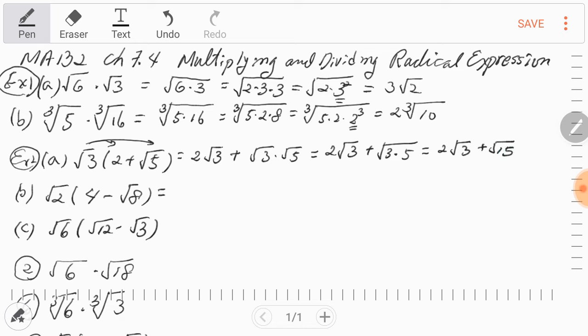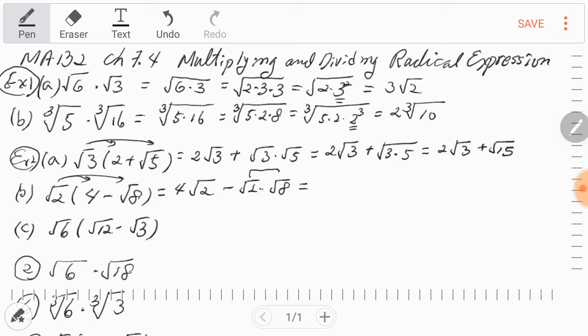Okay, next one is the same. We use the distributive property. So 4 times square root of 2, we can write the number first, minus square root of 2 times square root of 8. These two are like radicals.